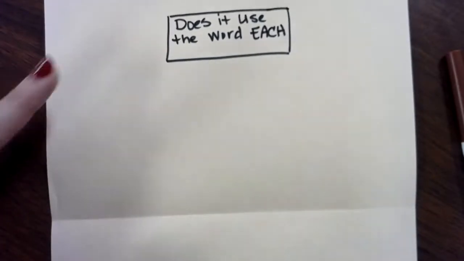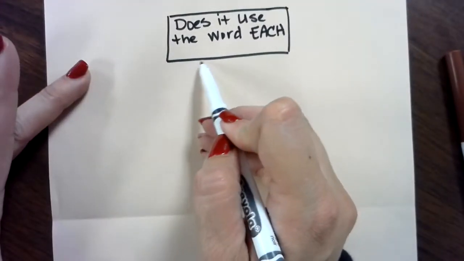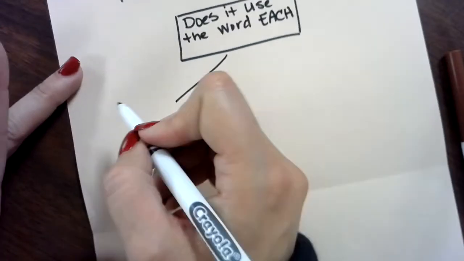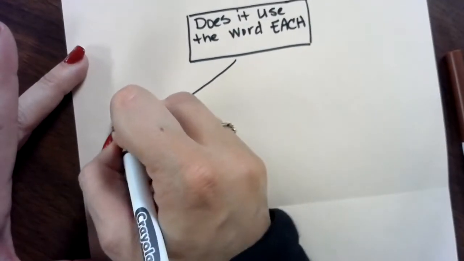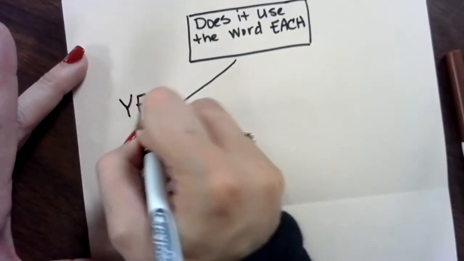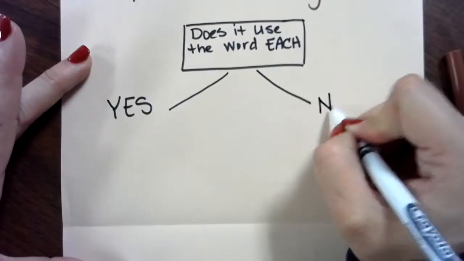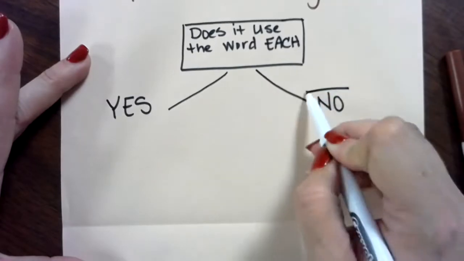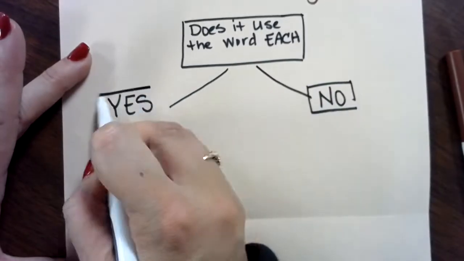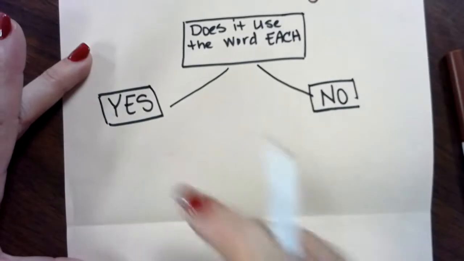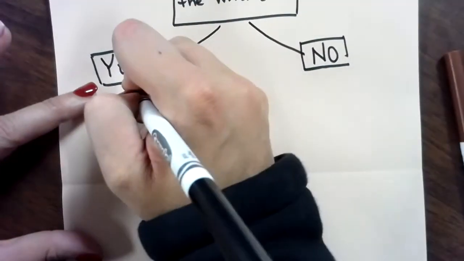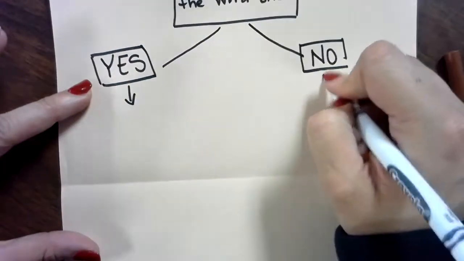If it does, put a box over here that says, yes, it does. Then go this way and put, no, it does not use the word each. Okay. From there, I want you to draw a little arrow down from each of those.